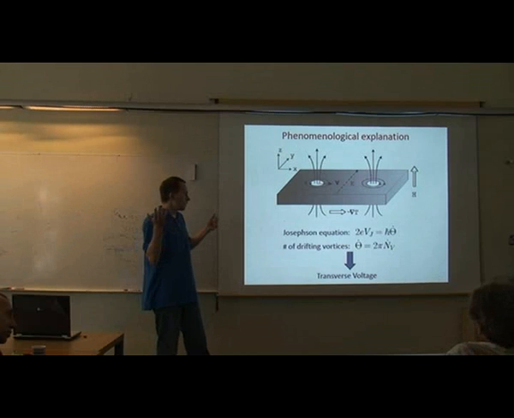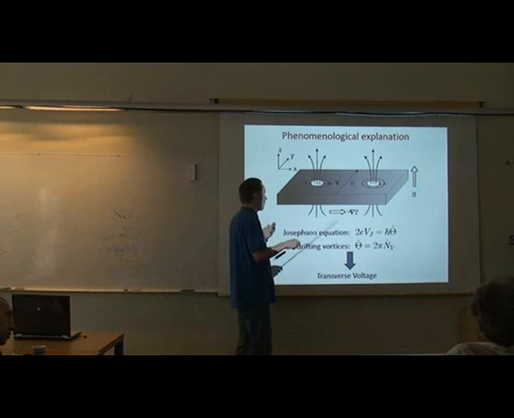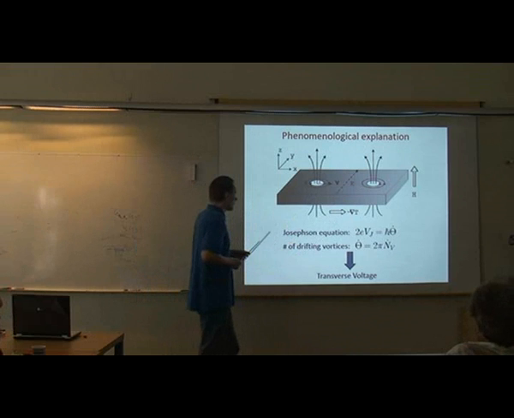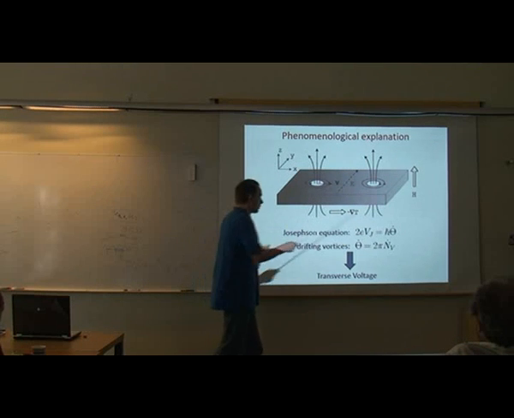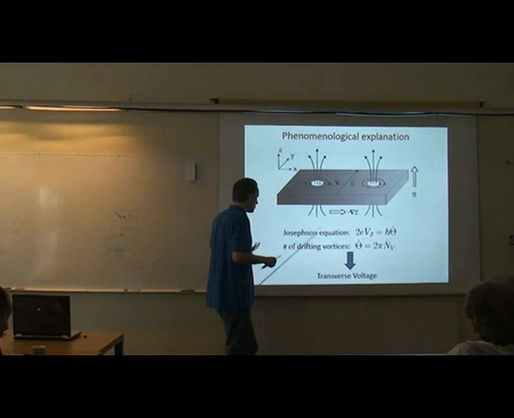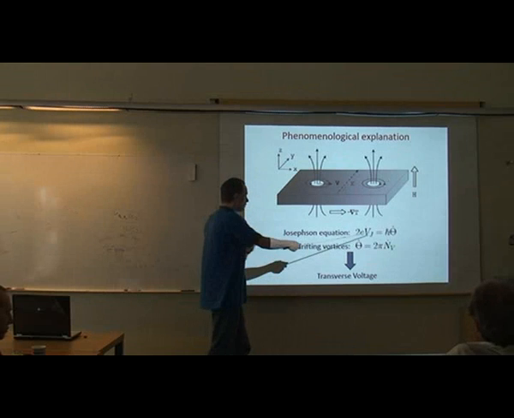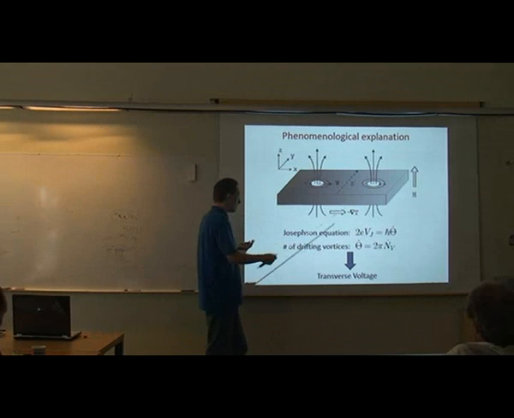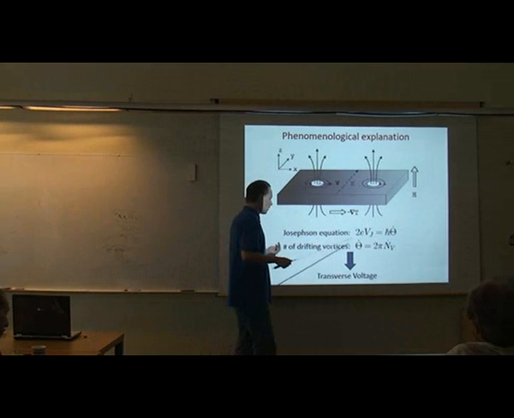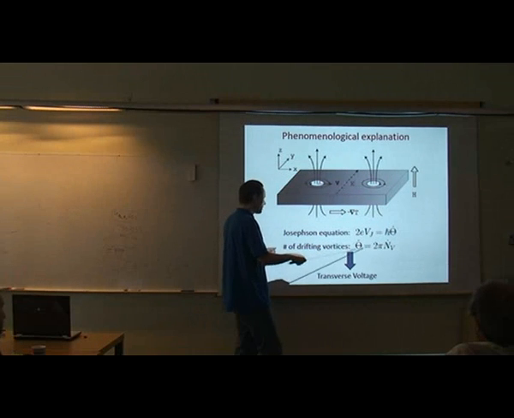And let me just explain the most phenomenological idea of how this signal arises. The derivative of the phase of these vortices is, by the Josephson equation, equivalent to a transverse voltage, and moreover you can relate the number of vortices and its time derivative to the time derivative of the phase.